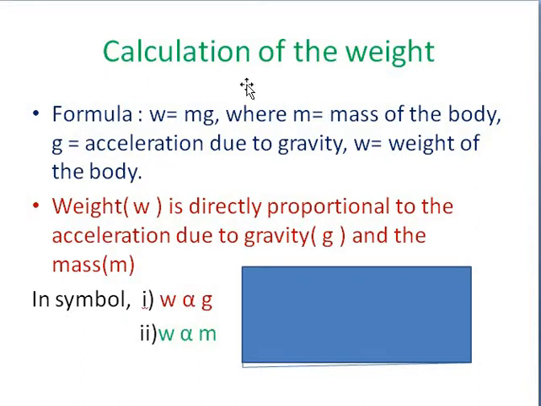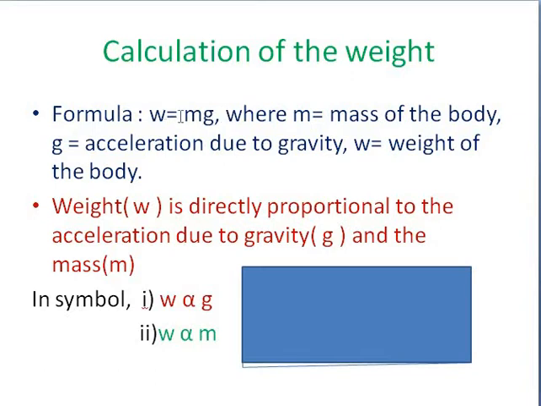Now, calculation of weight. How do we calculate weight? We have a formula to calculate weight. If the weight of an object is W, then weight equals the mass of that body times the acceleration due to gravity.